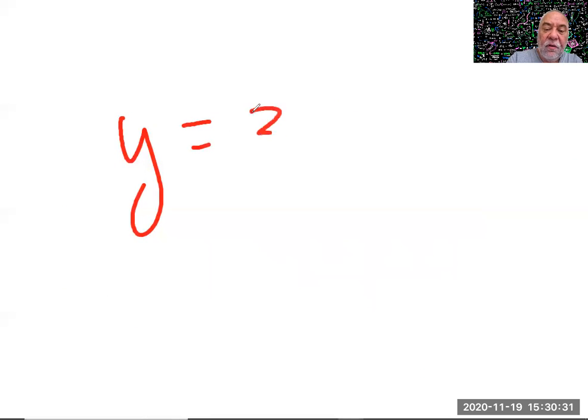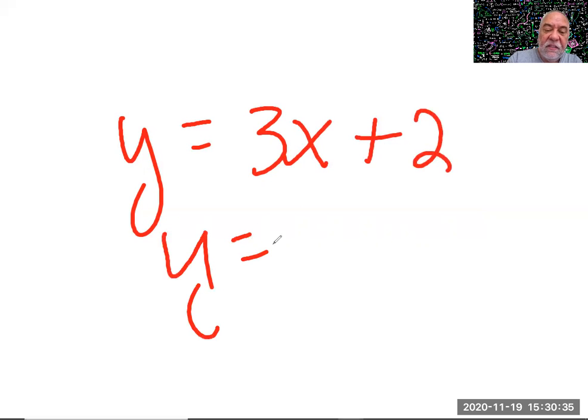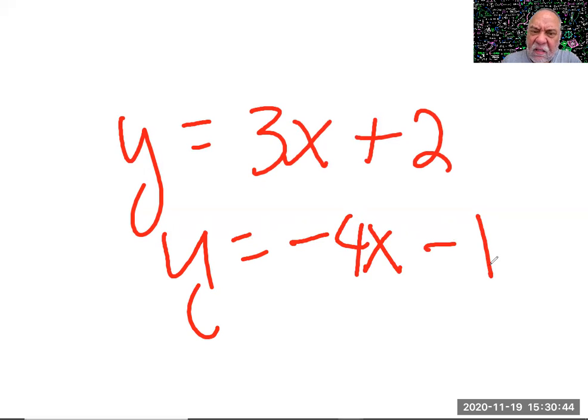Okay, and then the last thing is 2 equations. If they give you 2 equations, y is equal to 3x plus 2, and y is equal to minus 4x minus 1, and they say, okay, at what point will they be equal?